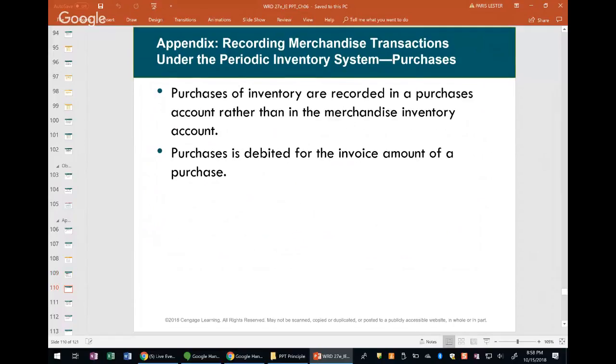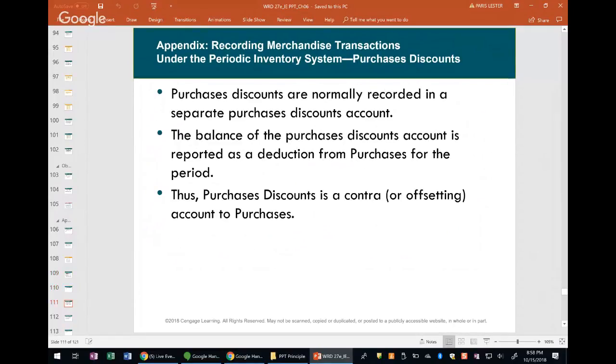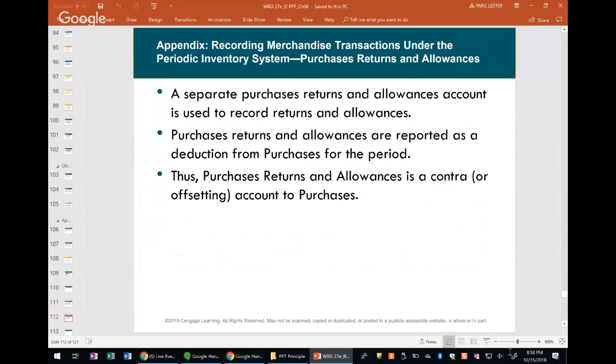All right, purchase discounts are recorded in a purchase discount account. And then the amount of that is subtracted from purchases. Now, a separate purchase returns and allowances account is used. So the basic formula, if it's going to let me write on it this morning: you take sales minus cost of goods sold.